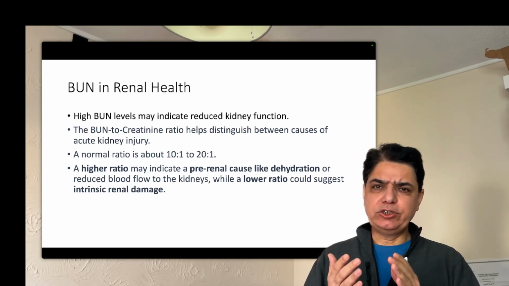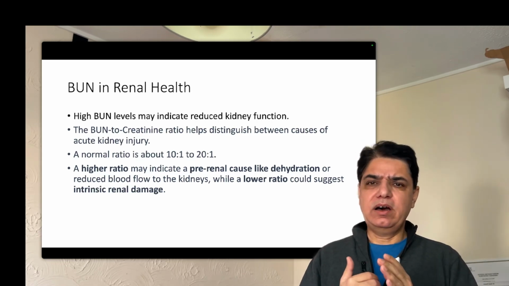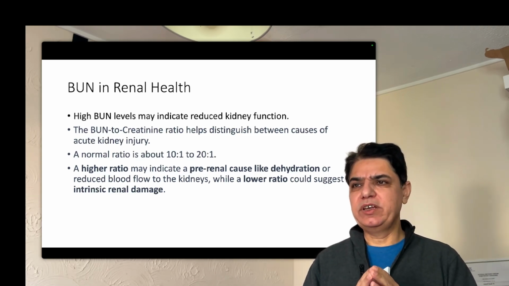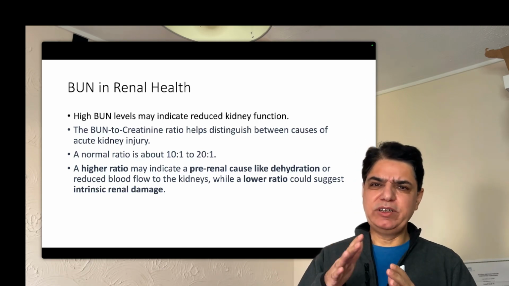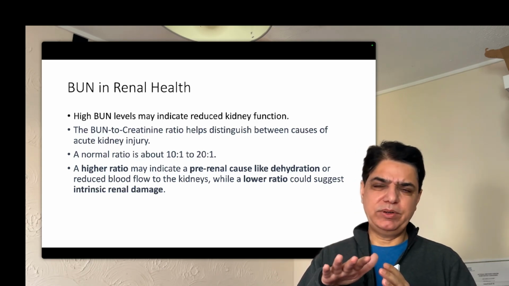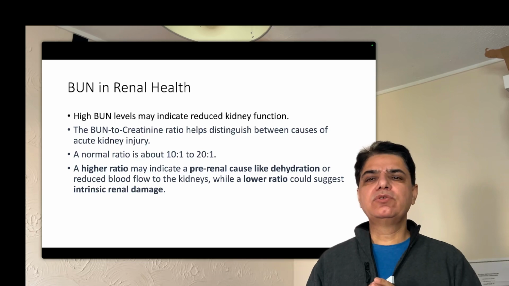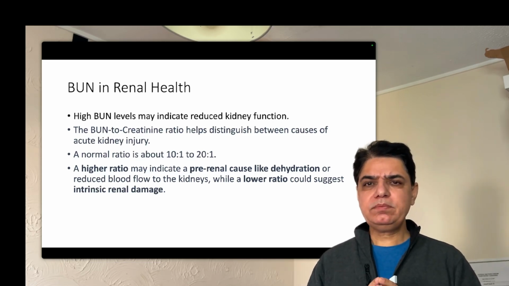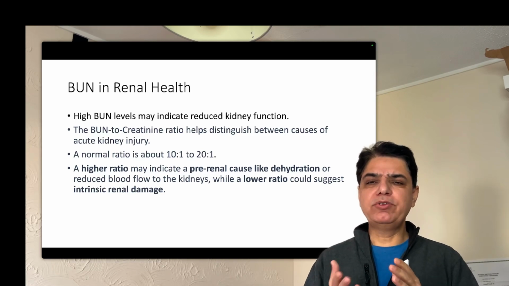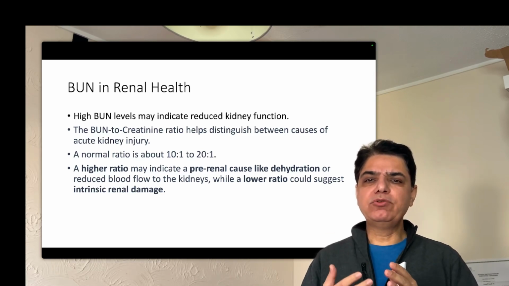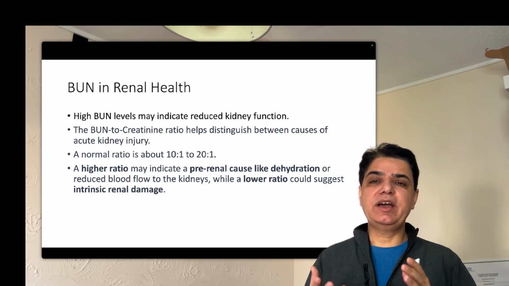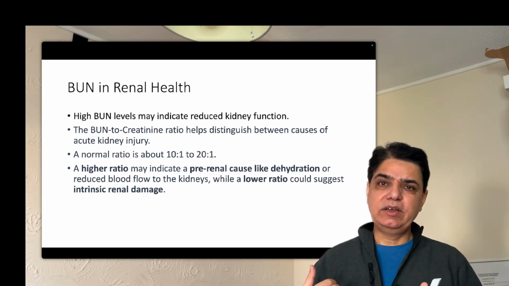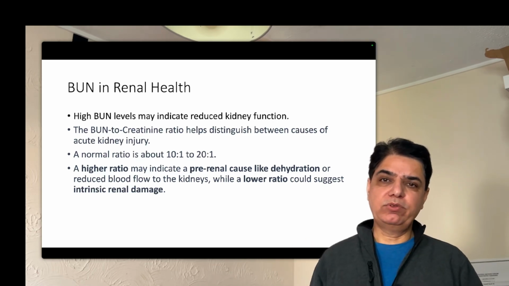So for example, let's say the normal ratio is usually 10 to 20, or some books say even 8 to 20. Usually the average is around 14. So if it is more than 20 to 1, then it means that the BUN to creatinine ratio is increased, and the BUN to creatinine ratio is increased in conditions like dehydration, because there is fluid that's gone out of the body, and what is happening now is that there is less blood flow to the kidney.